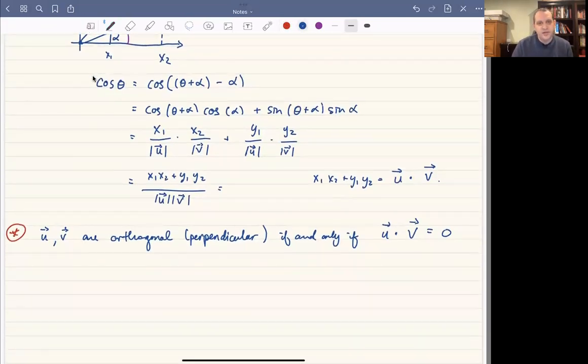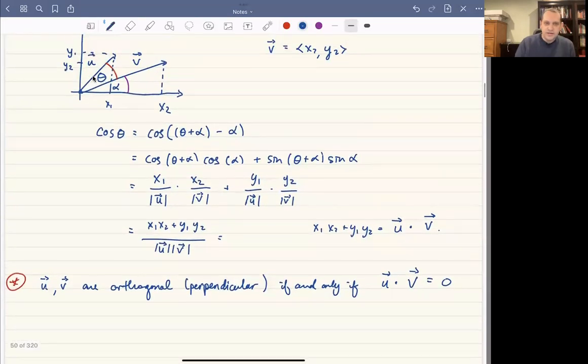And dot products have a lot of nice properties. In a certain way, what the dot product does is it tells you basically how close u and v are to being orthogonal or pointing in the same direction, if you want to think about it like that. So if you have a dot product that's positive, that generally means that u and v are kind of pointing in the same direction, right?